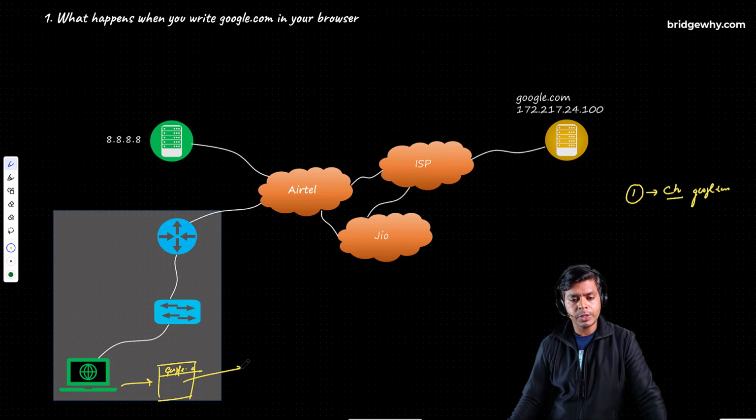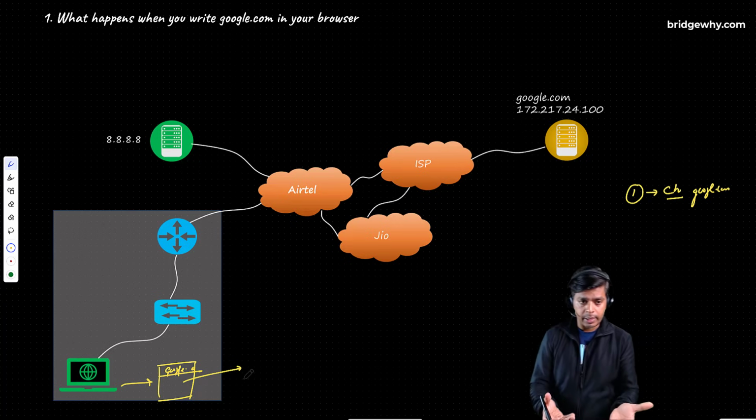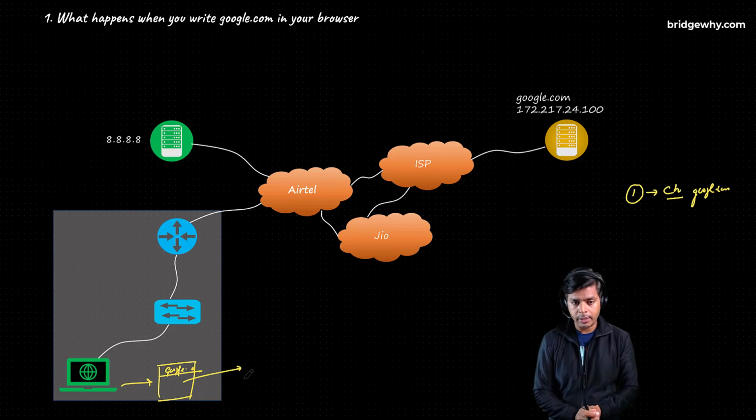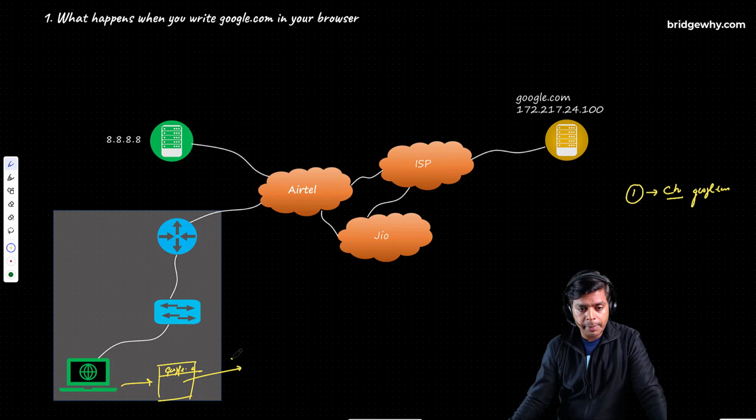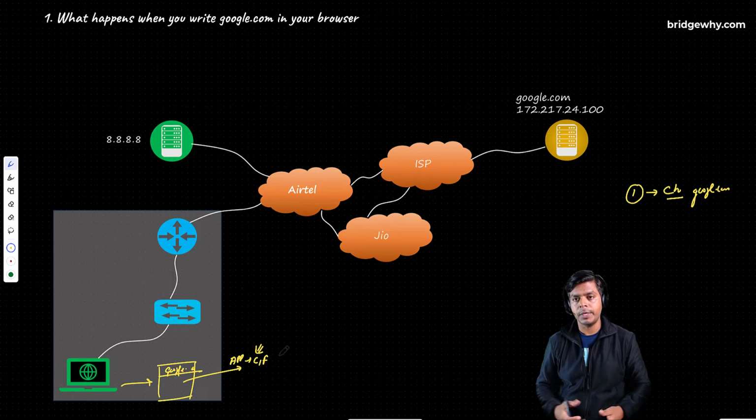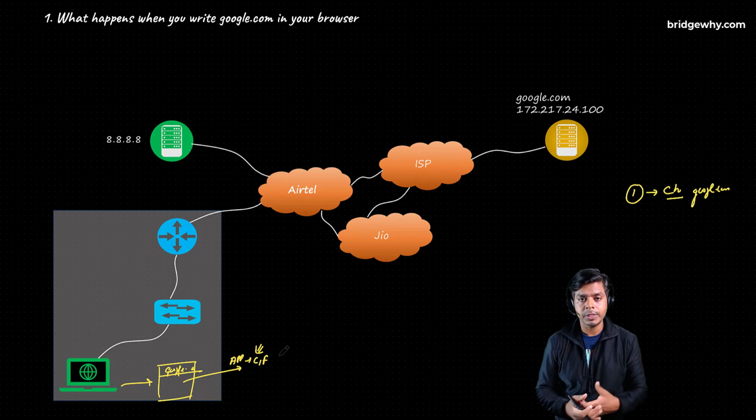So what is going to happen? As you know, this is a laptop, and it has opened an application, maybe Chrome or maybe Firefox. Chrome and Firefox maintain some information about recently visited websites.